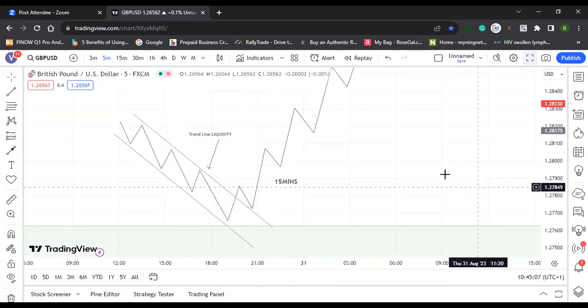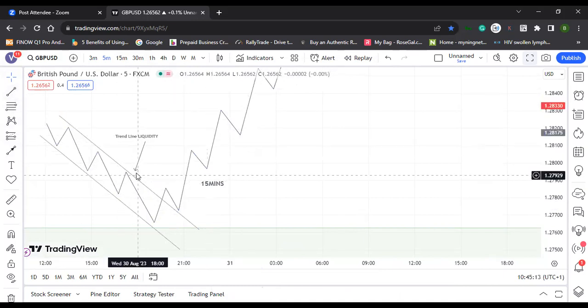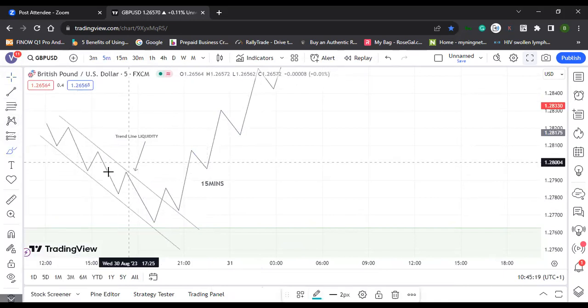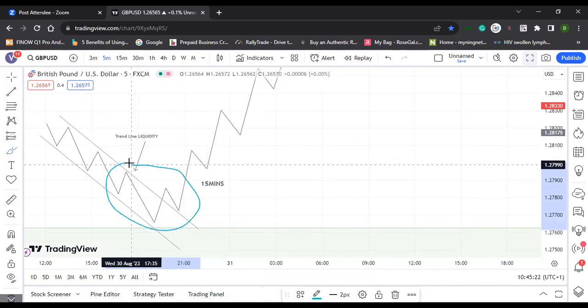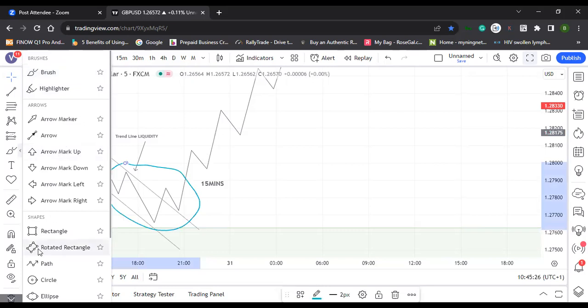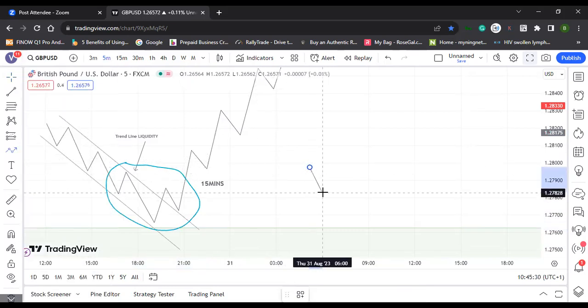Now, resistance at the top, liquidity on the resistance area. Let's take this particular zone, let's say from here like this. So we'll see something like this.